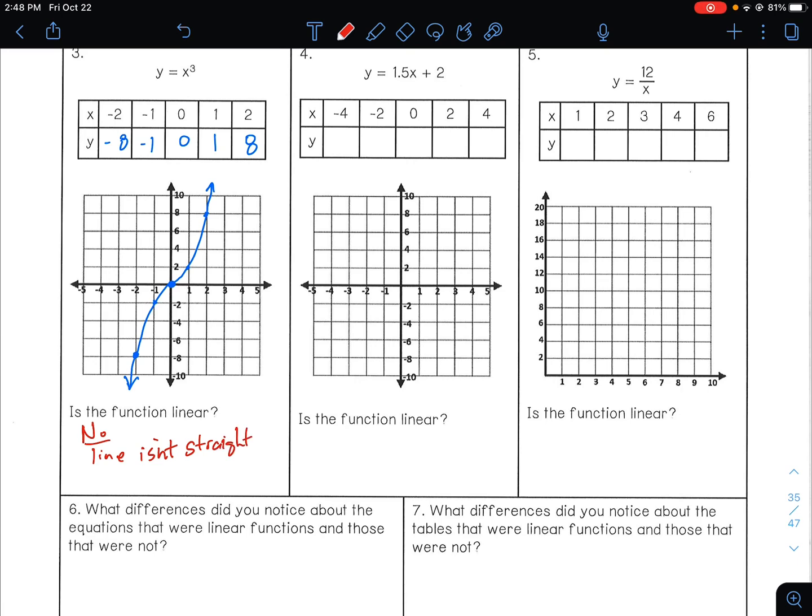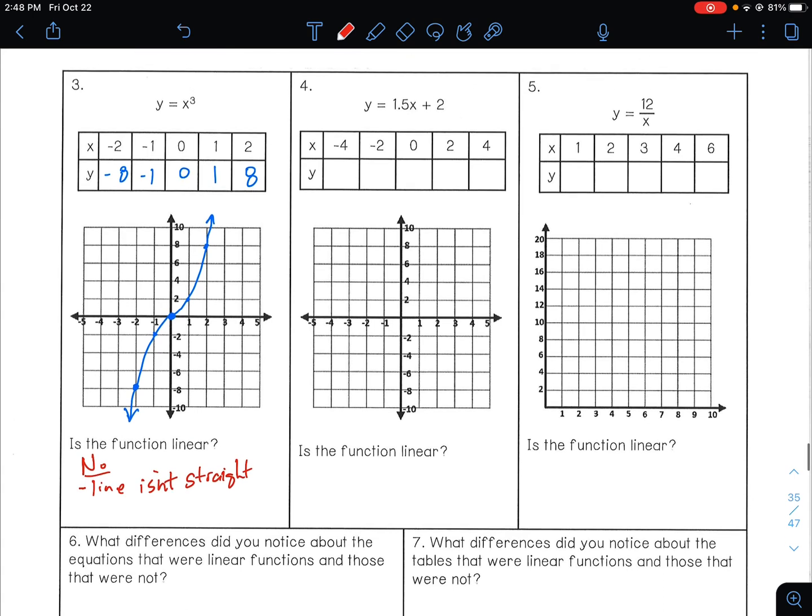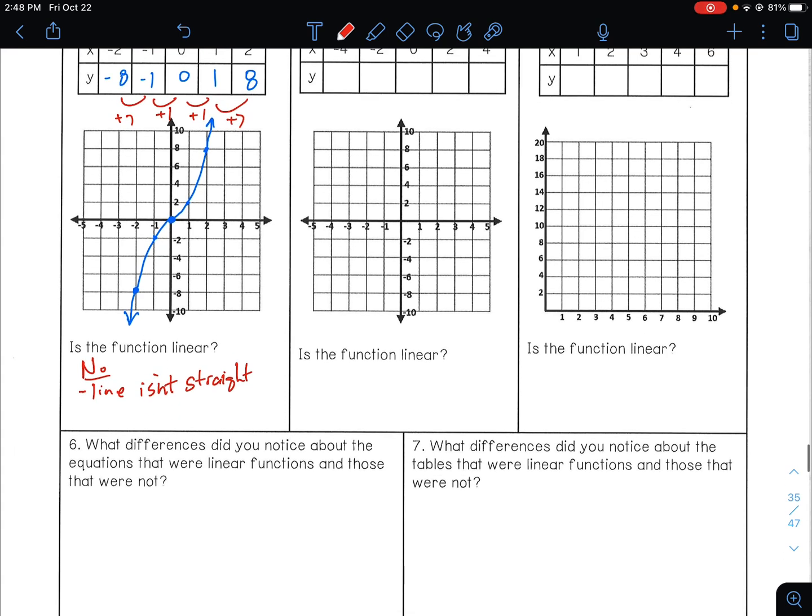You could say table shows a different rate of change. So from here to here to here to here to here to here, you're adding 1 each time for the x's. And for the y's, it's like you add 7 and then you add 1 and then you add 1 again and then you add 7 more. So it's just kind of a weird rate of change.